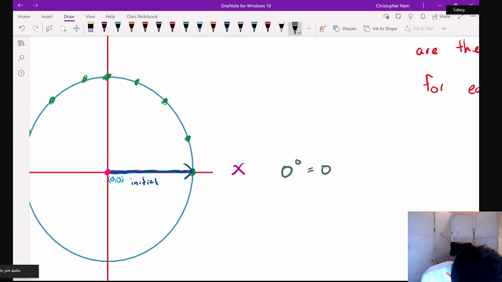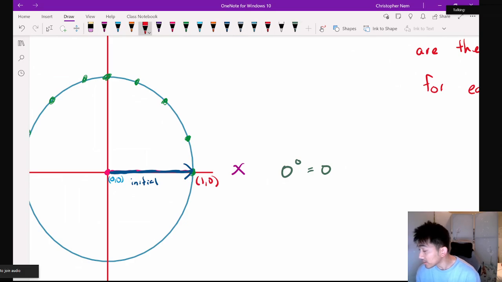So this location is precisely 1, 0. For 0 degrees, we have a terminal point of 1, 0 on the terminal side. I moved right 1, and I did not go up at all from the center.